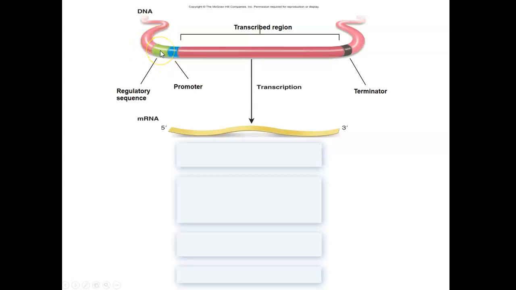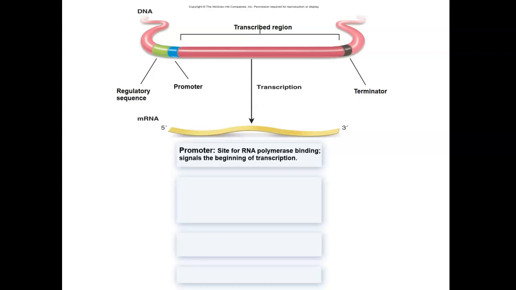But the regulatory sequences will assemble particular types of proteins called transcription factors, and that will drive the levels of expression of a particular gene. Just downstream of our transcribed region, we have what we call the terminator sequence, and this will be the signal for all the machinery to dissociate from the DNA, as well as the newly transcribed mRNA, and then the mRNA can be processed.